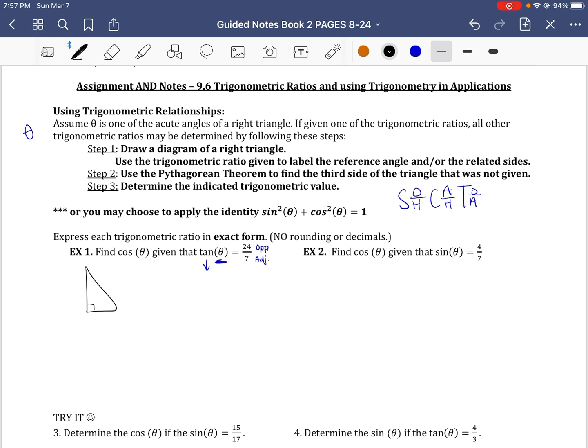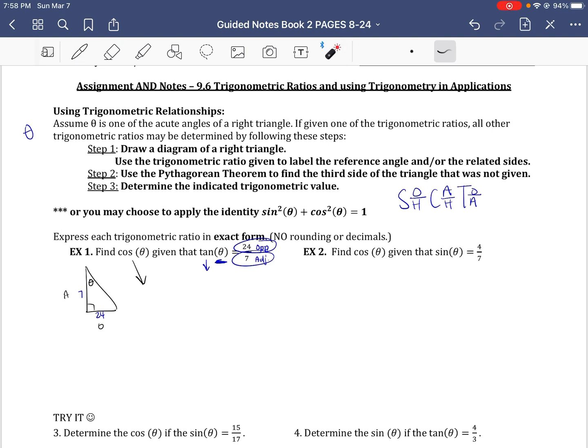If I've let one of these angles be theta, then when I label the side lengths, tangent is opposite over adjacent. This side over here is opposite, this one's adjacent. So when I label these, opposite is 24 given that fraction, and adjacent is 7 given the denominator of the fraction. So we already know two sides of our triangle.